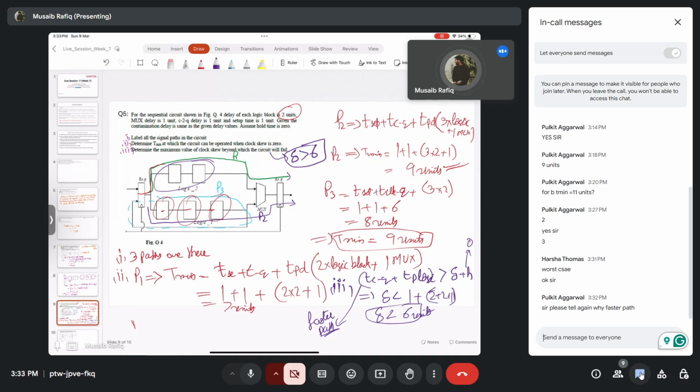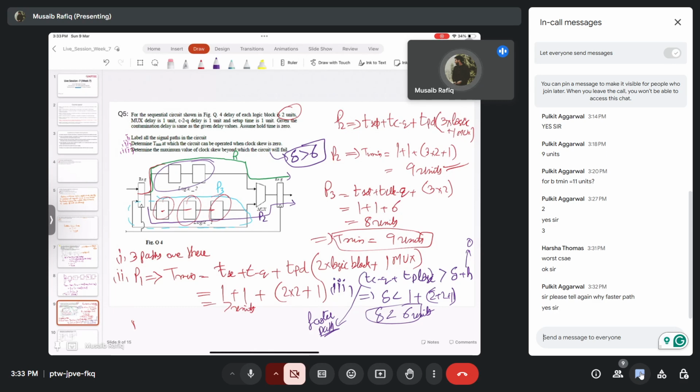So how do you define this skew? You have seen the timing definition. How does the timing definition change? T min minus delta, right? So if it exceeds for the faster path, then there will be a timing violation, right? You see this delta equal to 6 units.